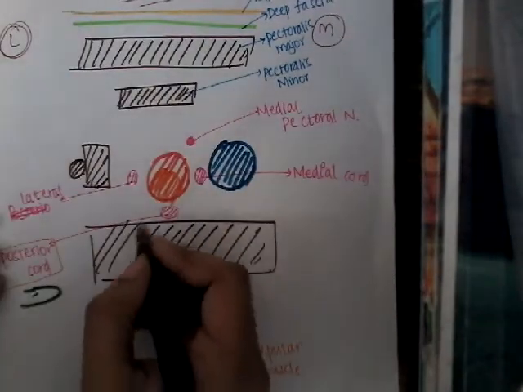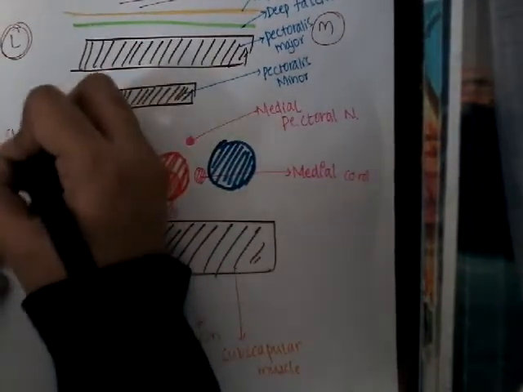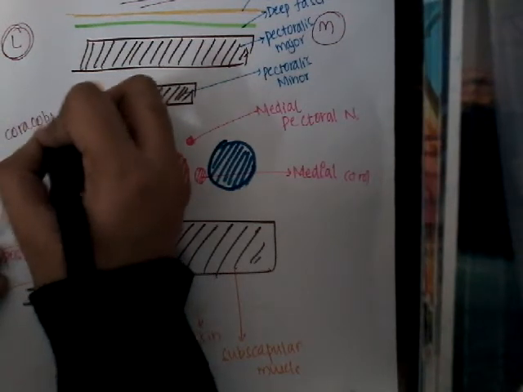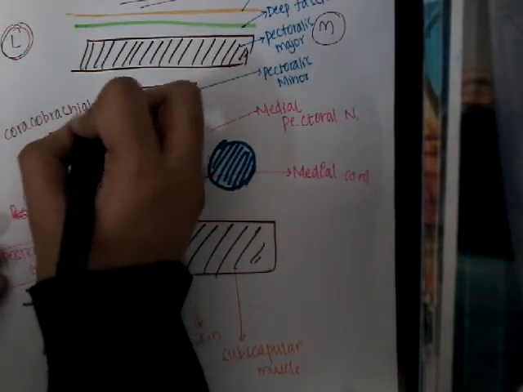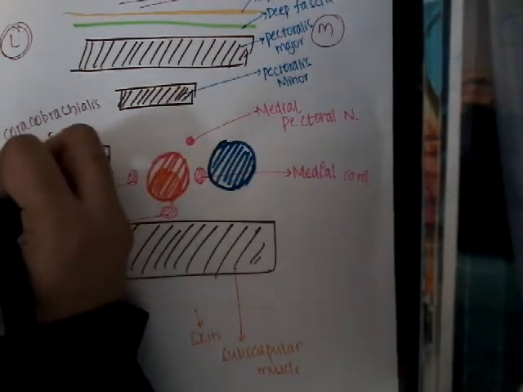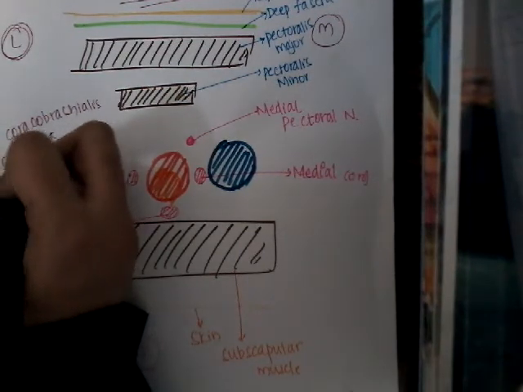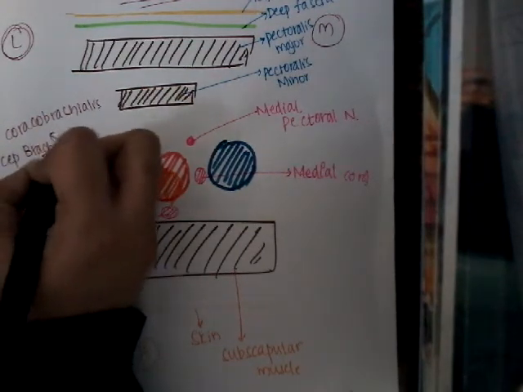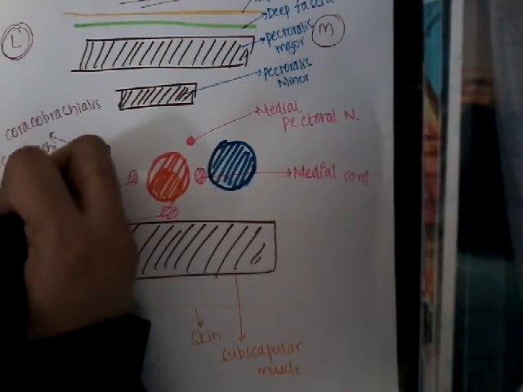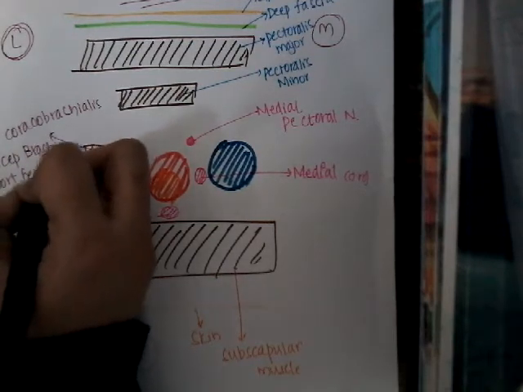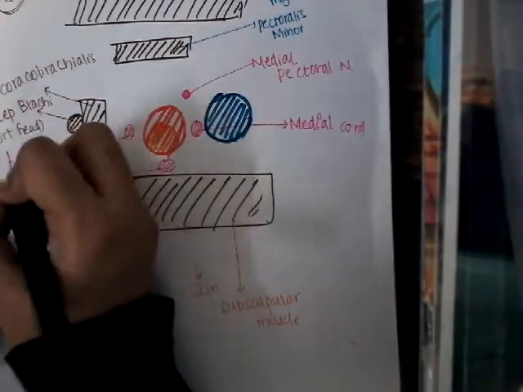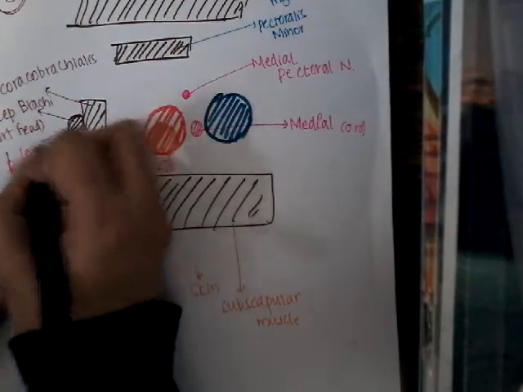Laterally you have coracobrachialis muscle, and then you have the biceps brachii, that too only the short head of biceps brachii, and then you will have the lateral cord of brachial plexus.